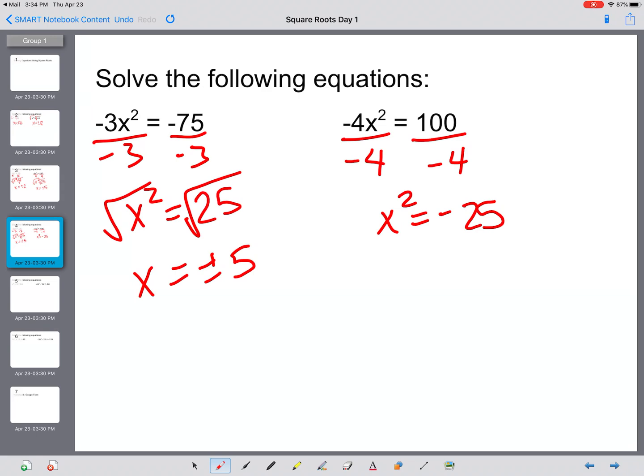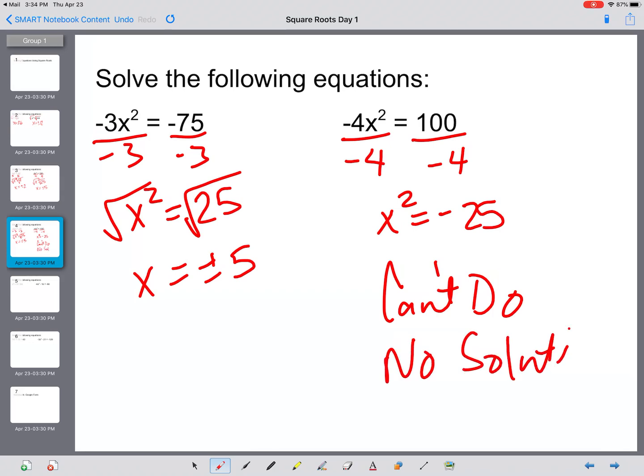This one actually doesn't have an answer. This one is a can't do or no solution. We don't have a positive number times a positive number that'll give me negative 25. I also don't have a negative number times a negative number that'll give me negative 25.